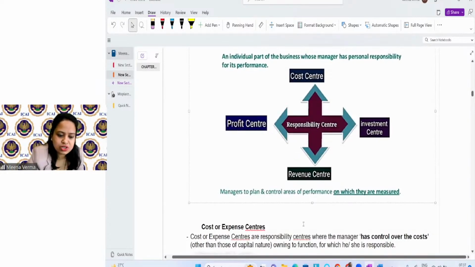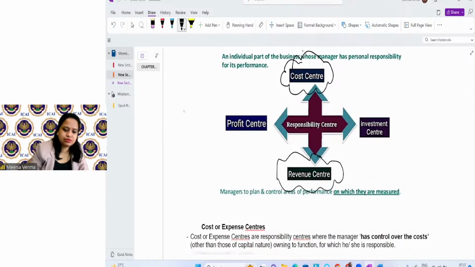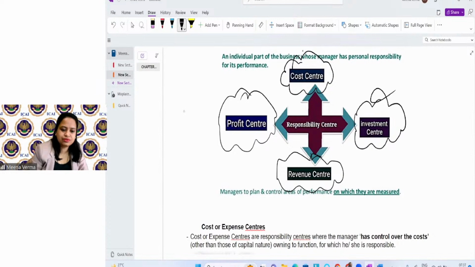What are these responsibility centers? Cost center, revenue center, profit center and investment center. So we have different types of responsibility centers: cost center, revenue center, profit center, investment center.